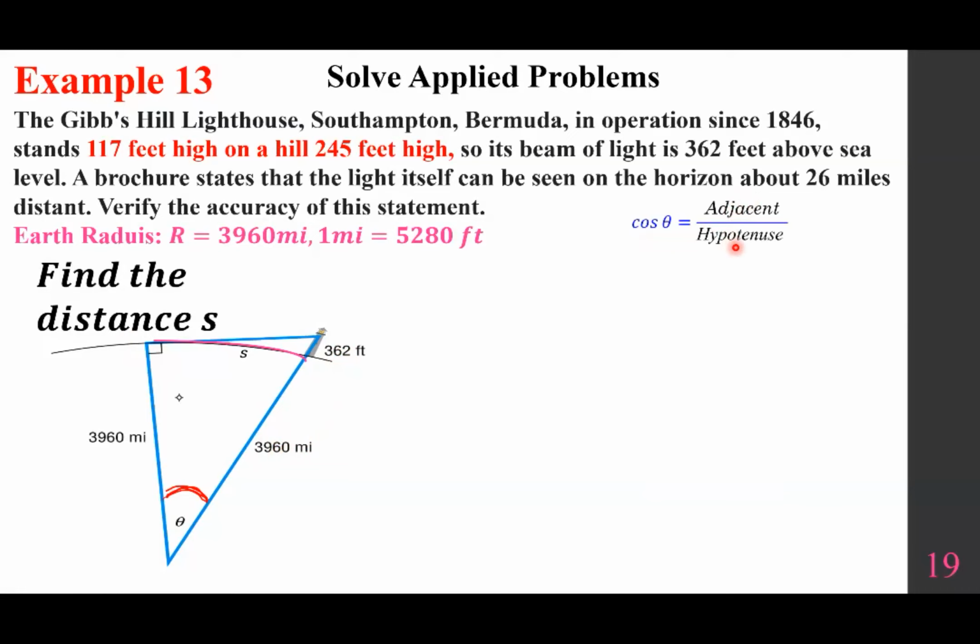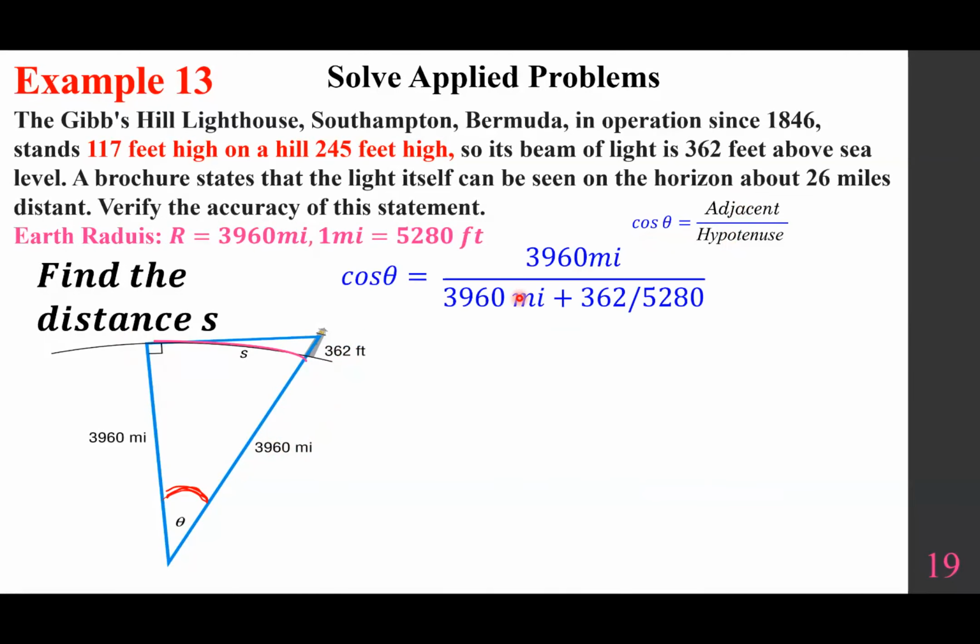The adjacent is 3960 miles, and the denominator, the hypotenuse, is 3960 plus 362 feet. In order to have the same units as miles, we're going to divide that by 5280. I hope everybody understands the concept of a conversion.